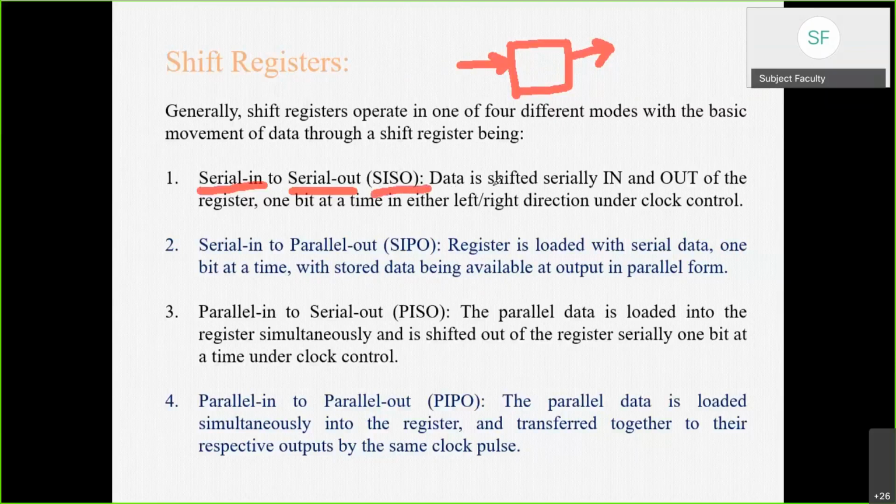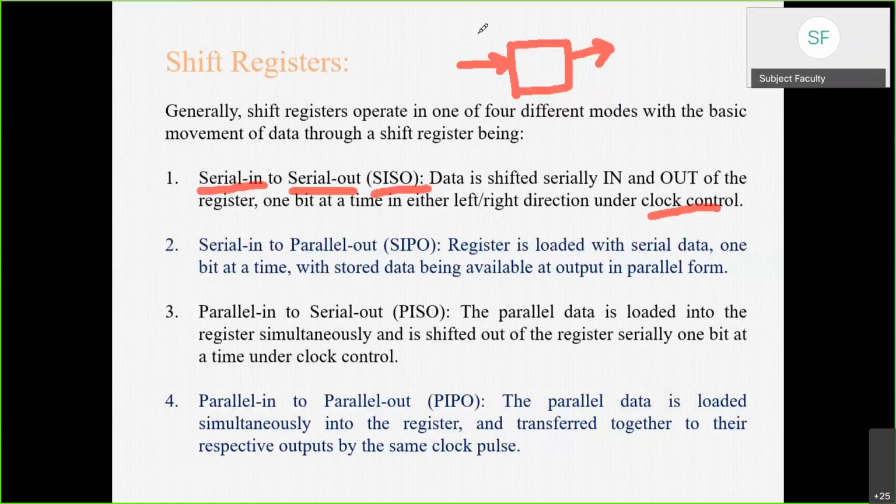Okay. So data is shifted serially in and out of the register one bit at a time in either left or right direction under the control of the clock. Obviously, your working will be in sync with the clock signal.